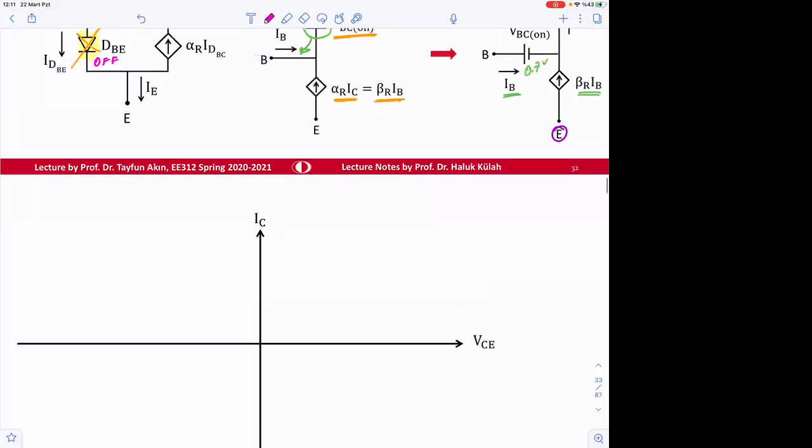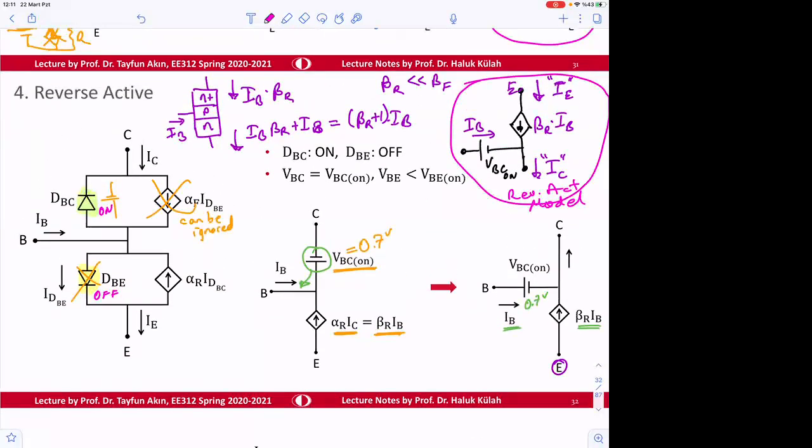So now we need to look at what we did by this modeling.